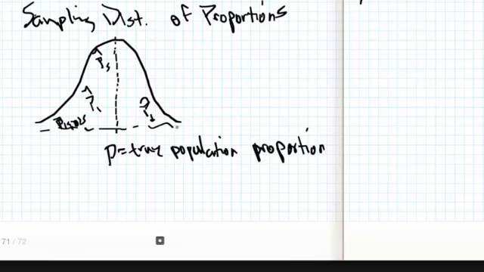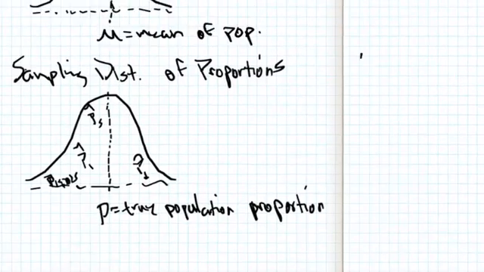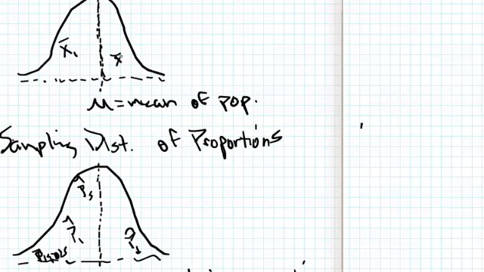Because remember, I'm just grabbing all these samples and saying, what proportion of you have siblings? Just like up here, I've got all these X bars. I got X bar 1 over here, and X bar 2 over here, X bar 3 over here, maybe X bar 17,019 over here.